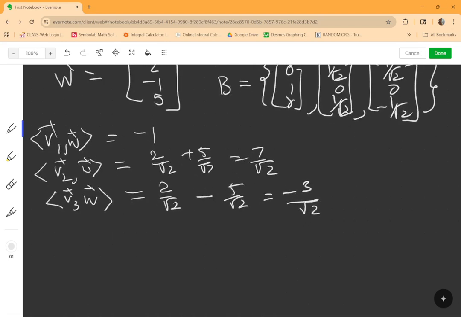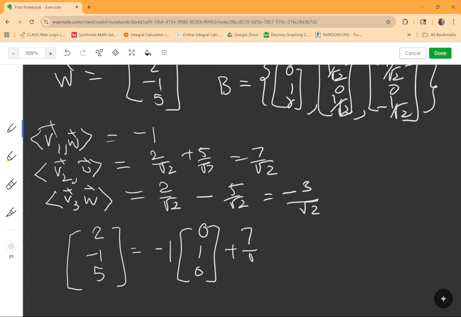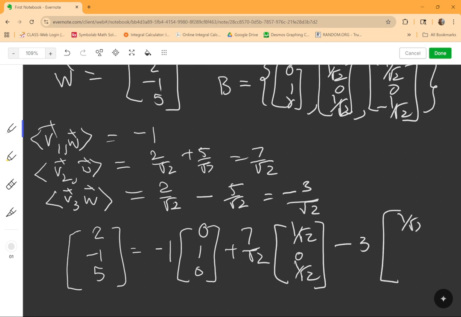So now w, which is 2, -1, 5, equals -1 times 0, 1, 0, plus 7 over root 2 times 1 over root 2, 0, 1 over root 2, plus, or minus, I suppose here, 3 over root 2 times 1 over root 2, 0, negative 1 over root 2.